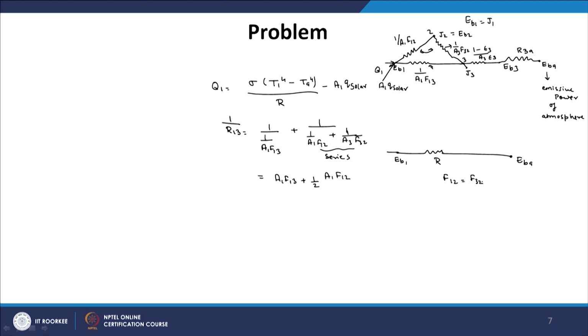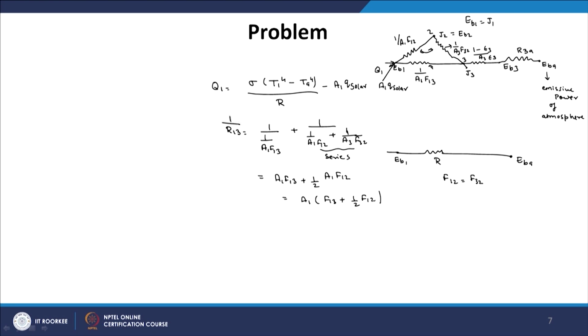So, we have half F12 and this becomes equal to A1 F13 plus half F12.